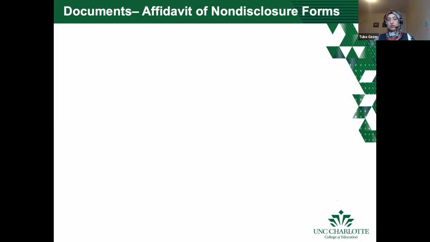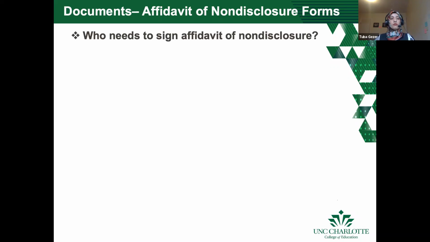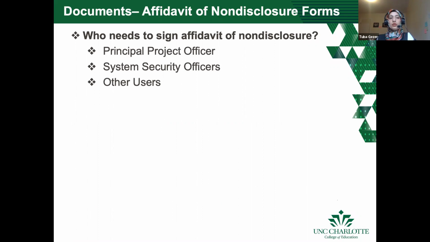Affidavit of non-disclosure form. Your principal project officer, system security officer, and any other user that you included on your license have to sign an affidavit of non-disclosure form.